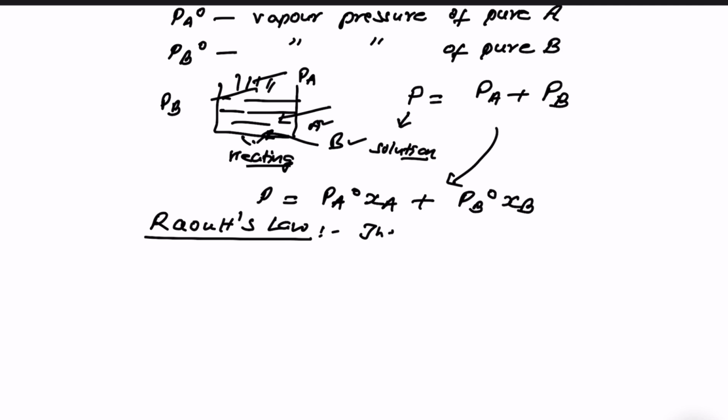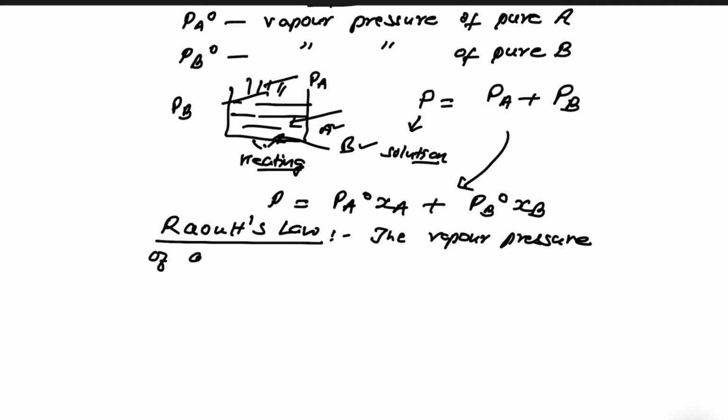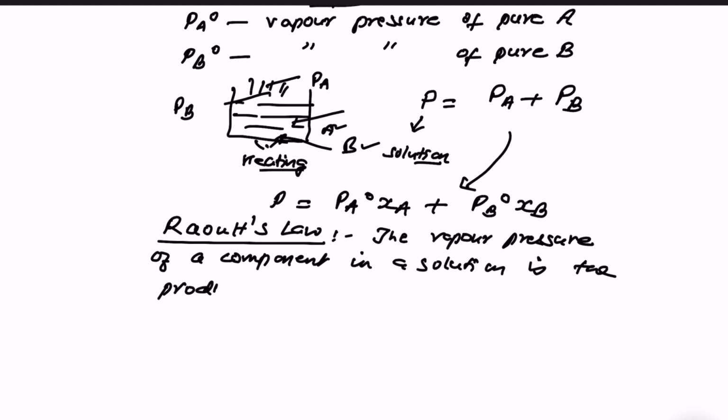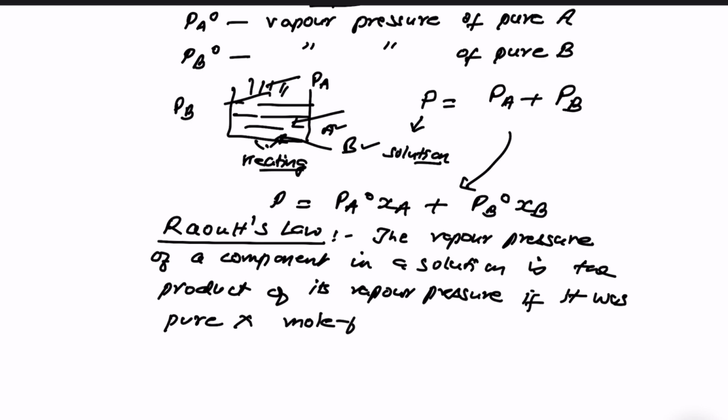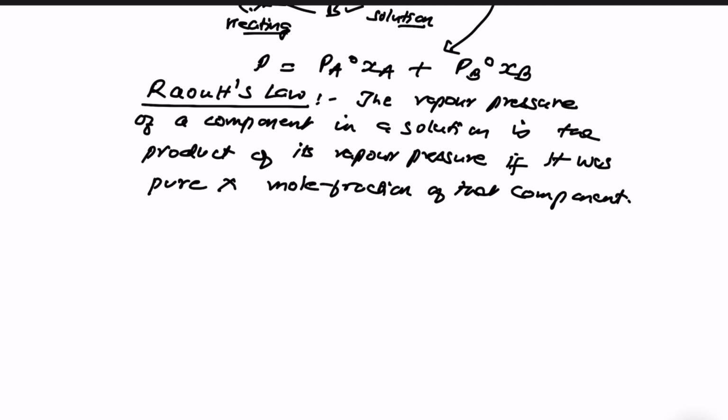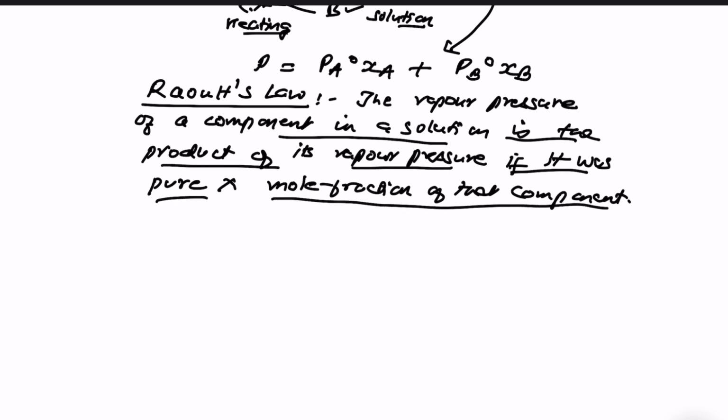According to Raoult's law, the vapor pressure of a component in a solution is the product of its vapor pressure if it were pure, multiplied by the mole fraction of that component.